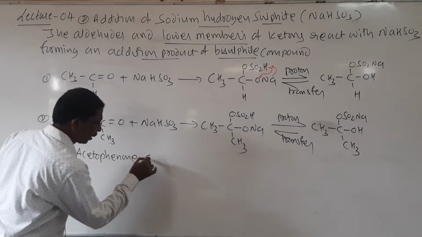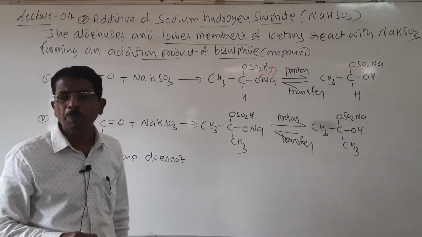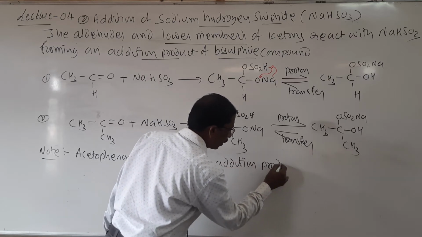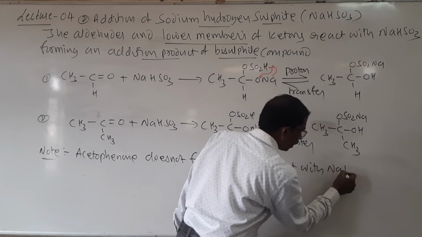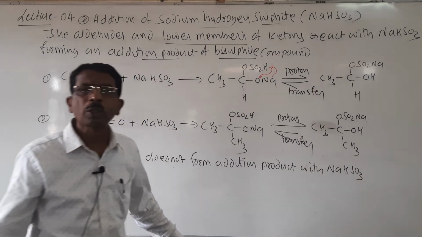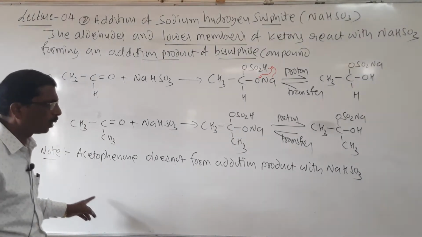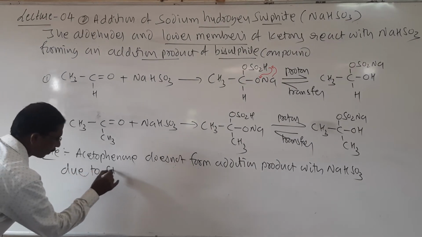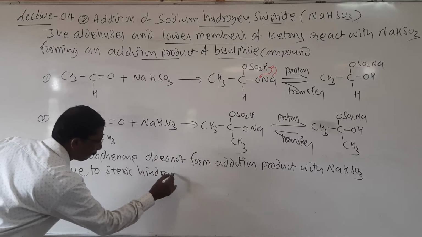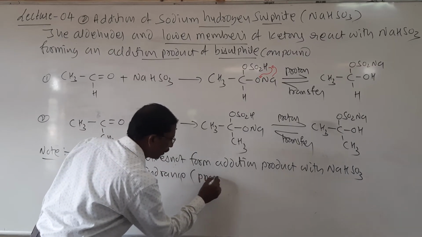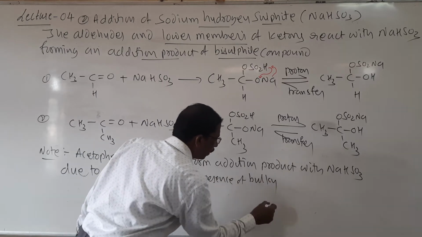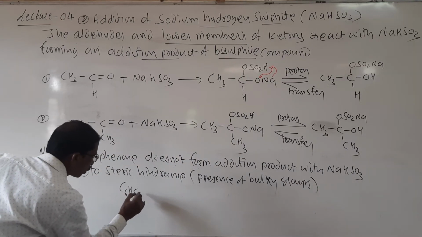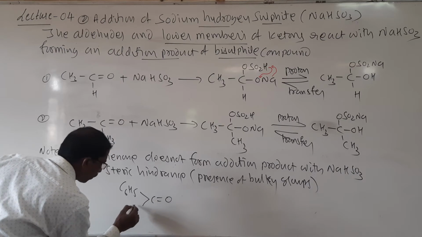So acetophenone does not form an addition product with sodium bisulfite due to the presence of bulky groups. So it does not form an addition product with NaHSO3 due to steric hindrance, the presence of bulky groups, that is C6H5, C double bond O, CH3.